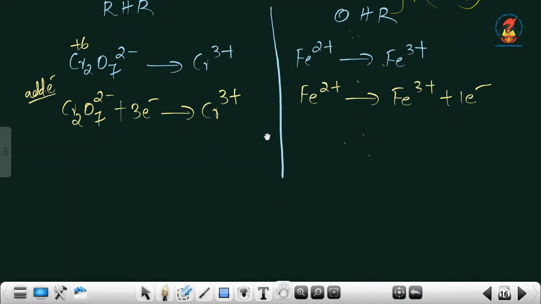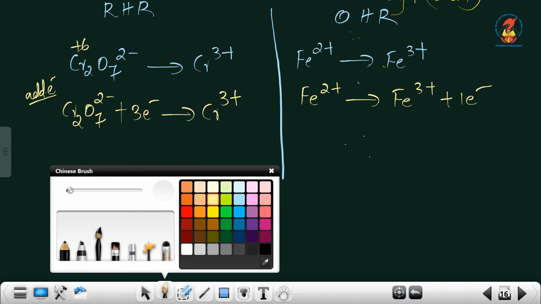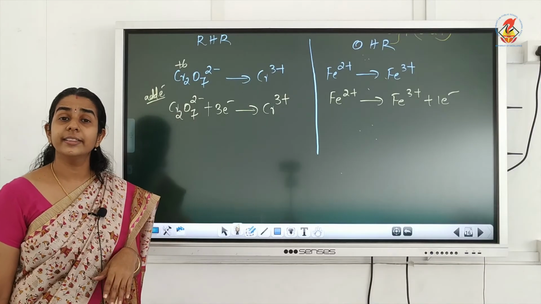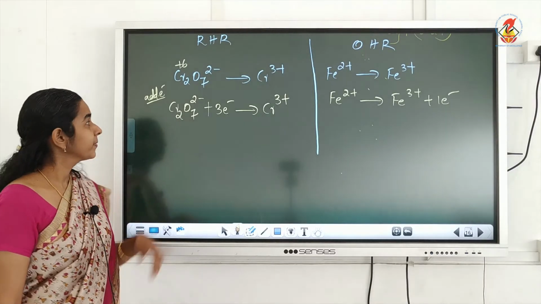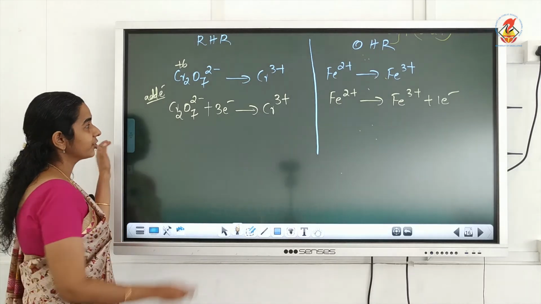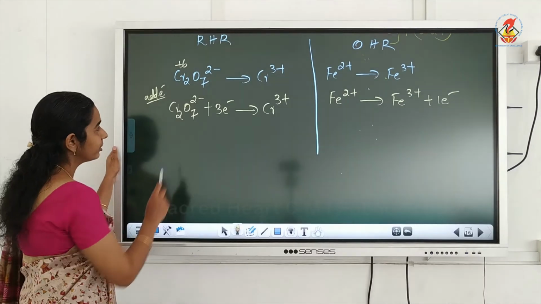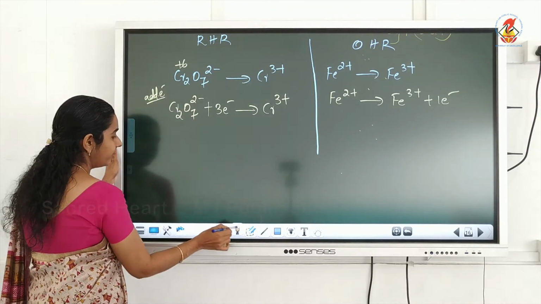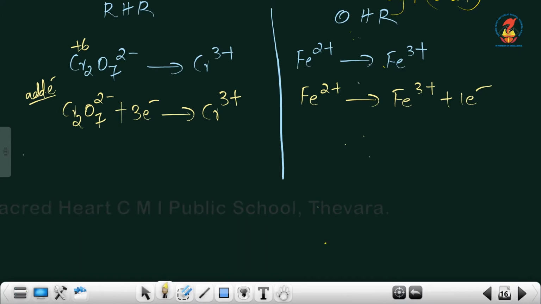After adding the required number of electrons, the next step is to balance all the atoms other than hydrogen and oxygen. In the reduction half reaction, other than oxygen and hydrogen, we have chromium, isn't it? So here I am going to balance chromium.